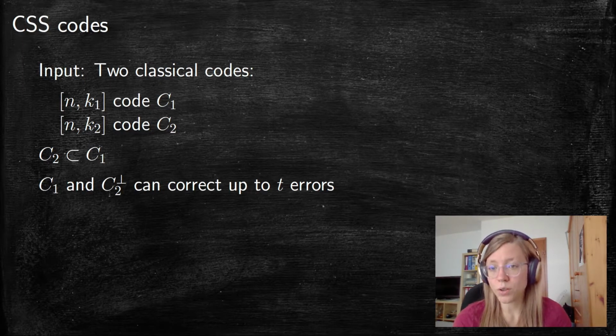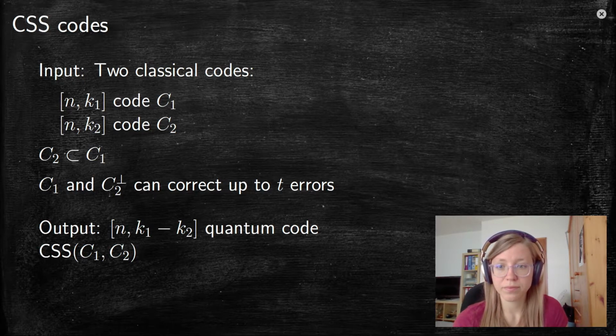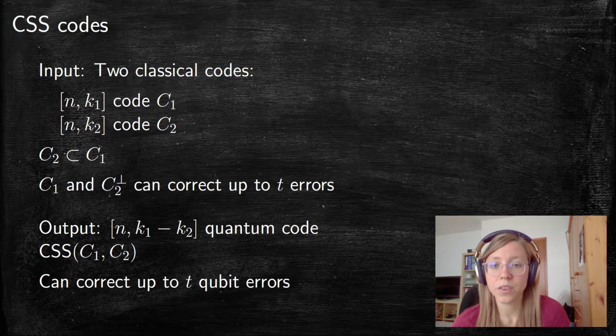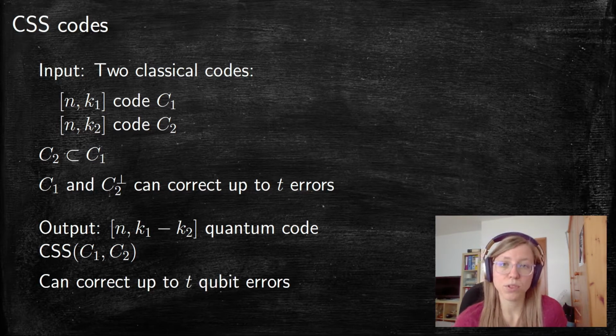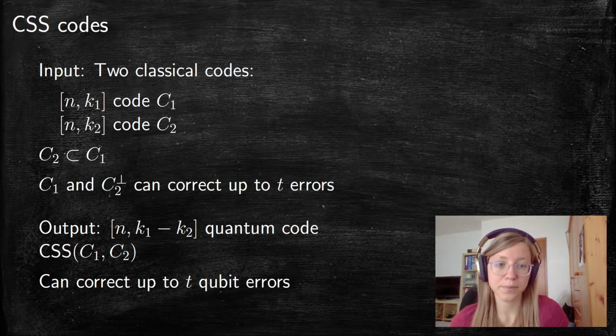And also, it is important that C1 and the dual code of C2 can correct up to t errors. The output of this procedure is then an [n, k1 minus k2] quantum code that we denote CSS(C1, C2), which can correct up to t qubit errors.